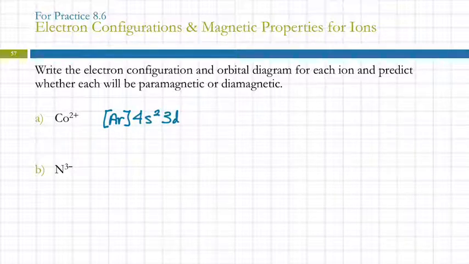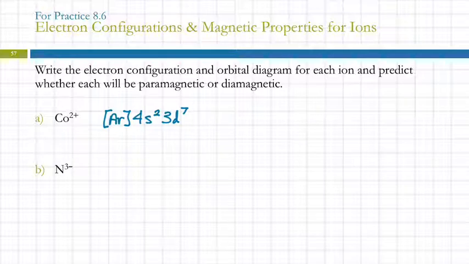And 3d, how many? 7? Yeah, 3d7. That's the element. So that's where you start. We want cobalt 2+. That means we have to remove 2 electrons.